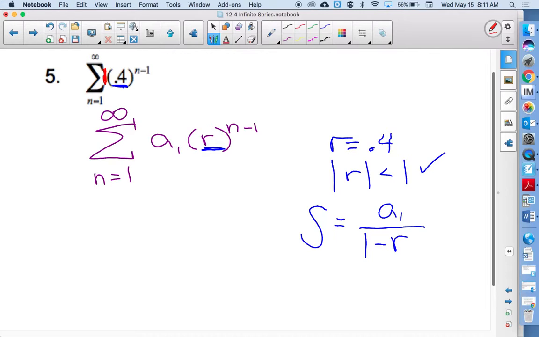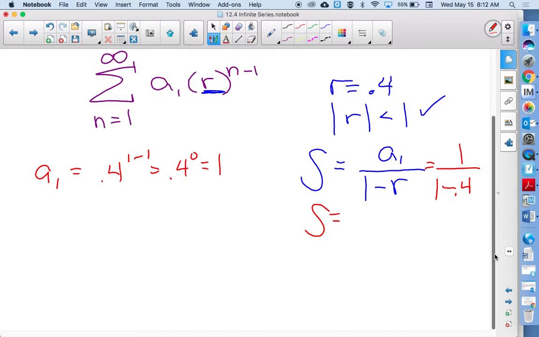Another way you could figure that out is by plugging a 1 in. So I could take 0.4 to the 1 minus 1 if I want to figure out the first term. I get 0.4 to the 0 power, which again is 1. So you can find the first term if you're not sure what it is by plugging a 1 into your equation. So we have a 1 divided by 1 minus 0.4.